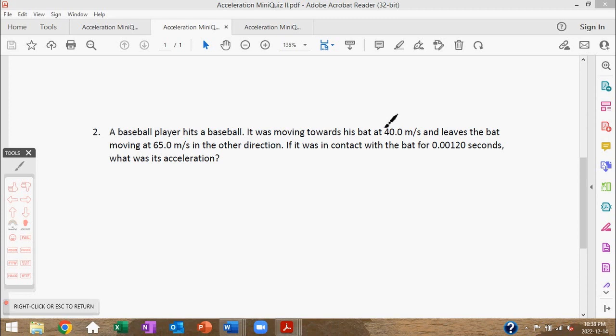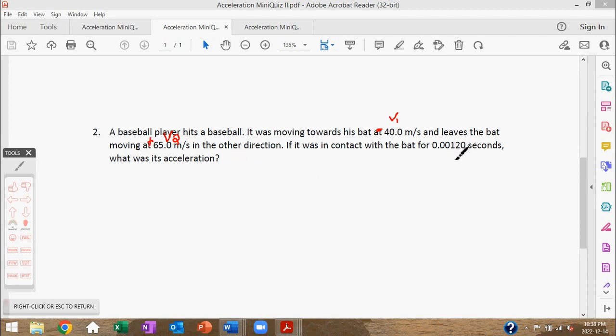We are going to say that away from the plate is positive, which means that V1 is going to be this one, and it's going to be negative. So towards the plate is negative, away is positive. This is V1. This is V2. It is positive. V1 is negative.